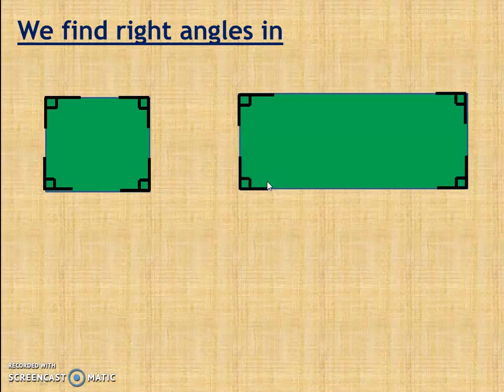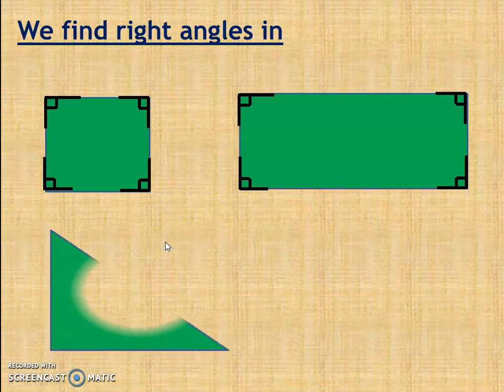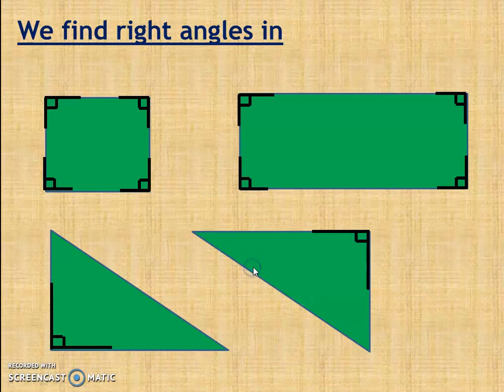Just the same as the square, a rectangle has four right angles. We can also find right angles in the right angle triangle. A right angle triangle has one right angle.